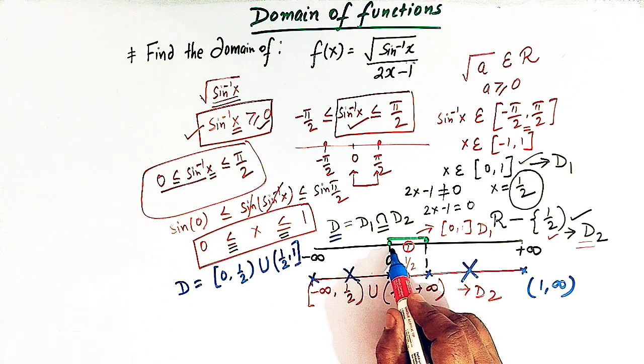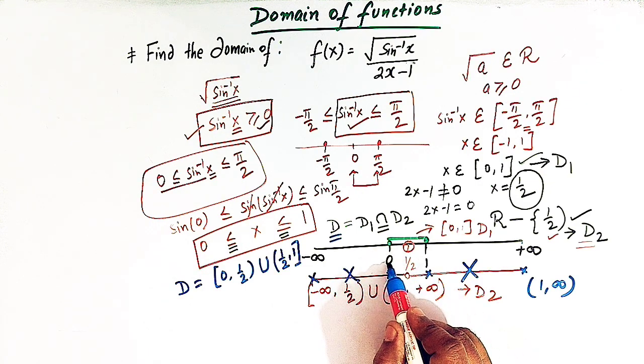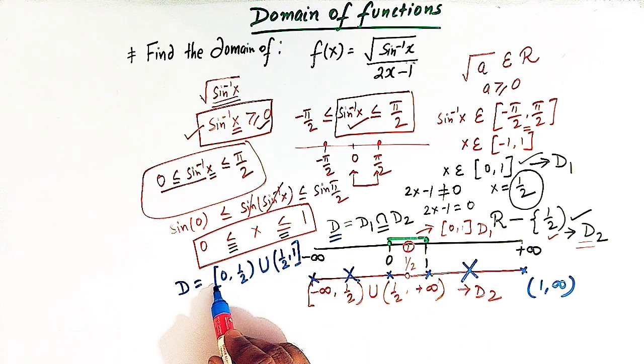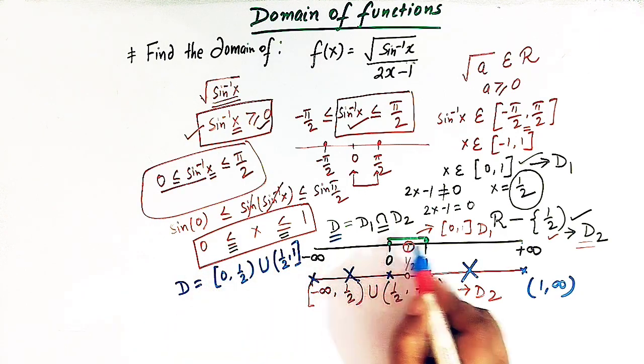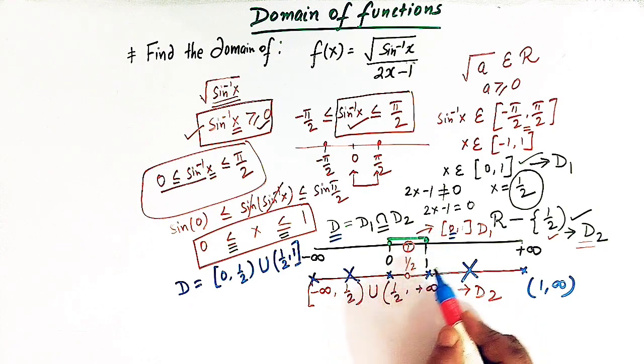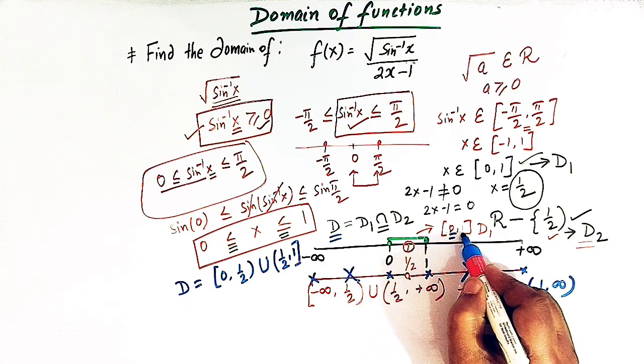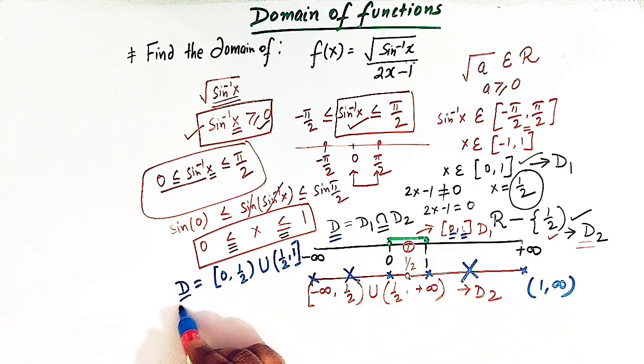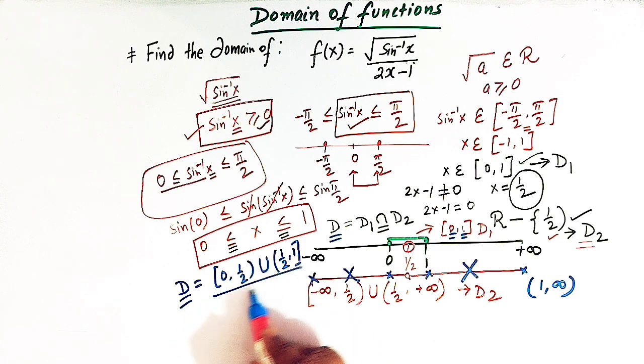So the common region is from 0 to half, and 0 is included because here we have 0 included, and then half to 1, and 1 is also included. So the domain is given by this expression.